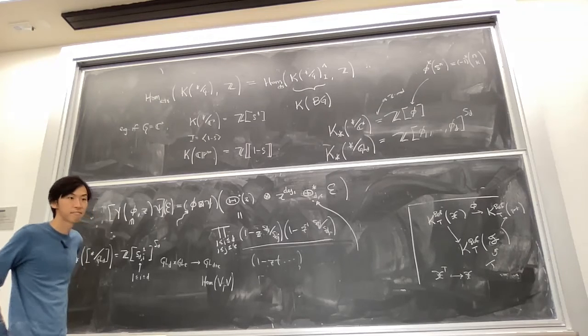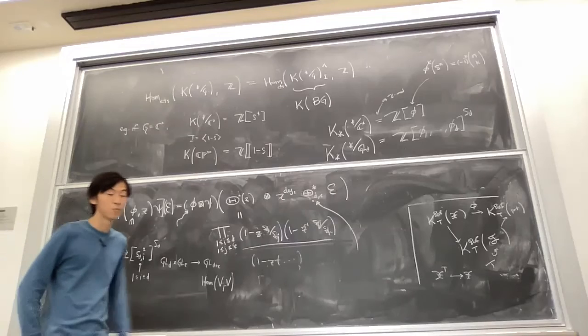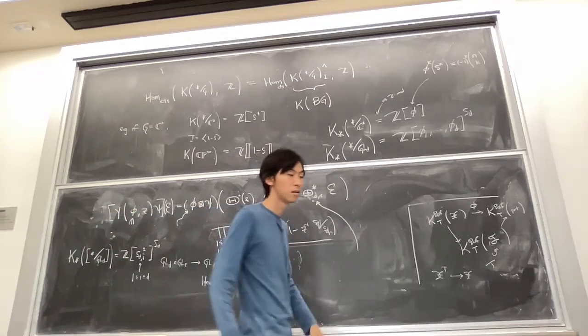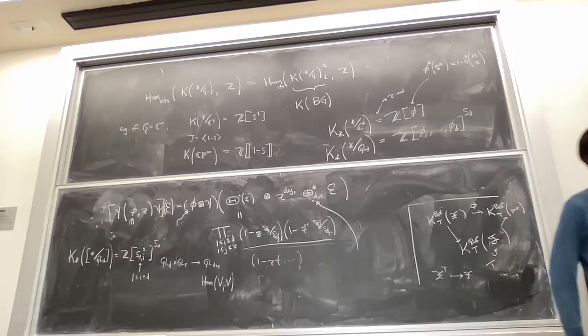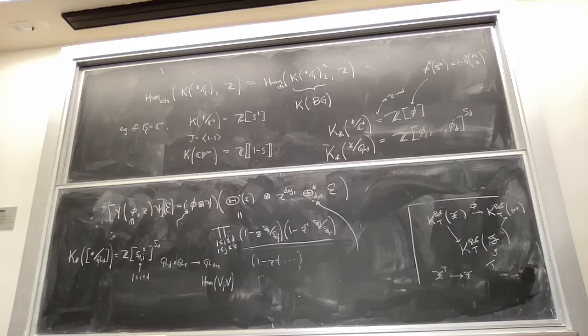I maintain what I was saying yesterday. The equivariant derived category is much bigger.